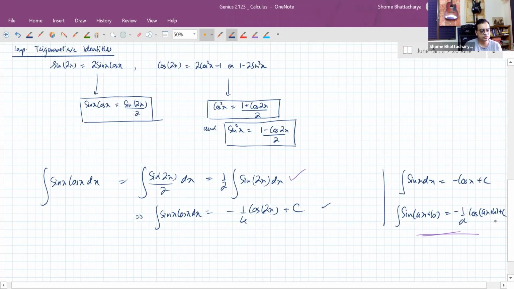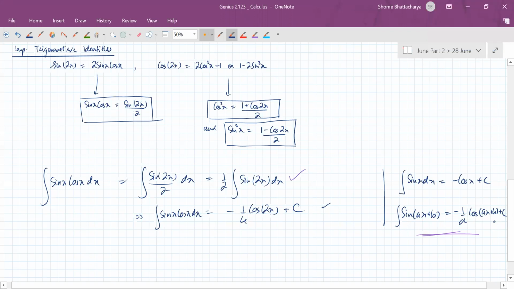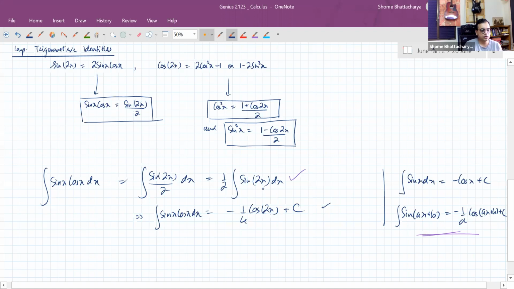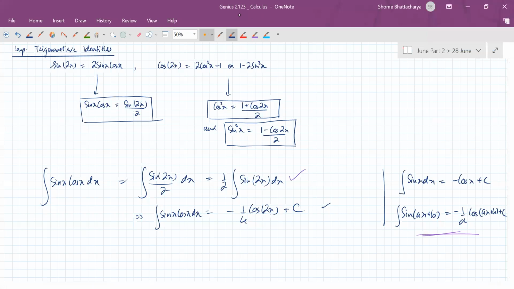Simple substitution. So here that ax plus b is 2x, no? So a is 2 and b is 0. So it will become like this. Understood now? Yes, sir.